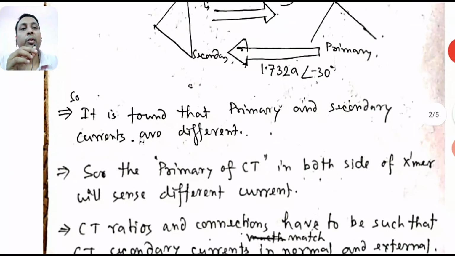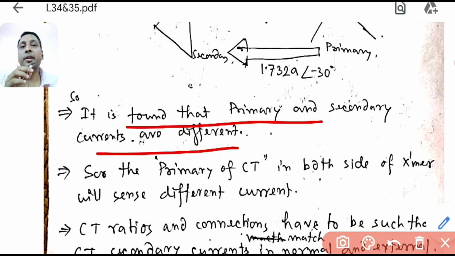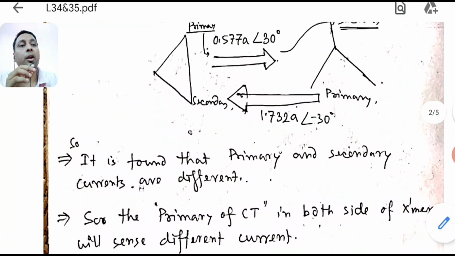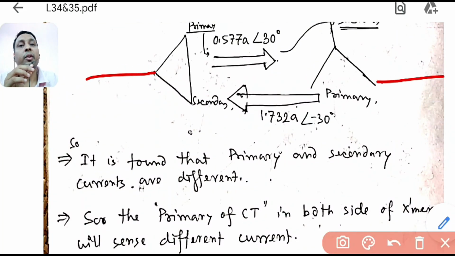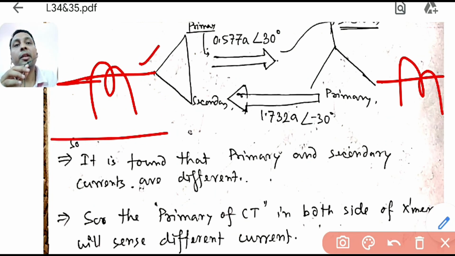So you can see now the primary and secondary currents are different. For the primary of CT, you will be connecting a CT on both sides. Here also you will connect a CT, here also you will connect a CT. So what is the primary of the CT? The line on which it is sitting is the primary for it, and the line here is the primary of the other.